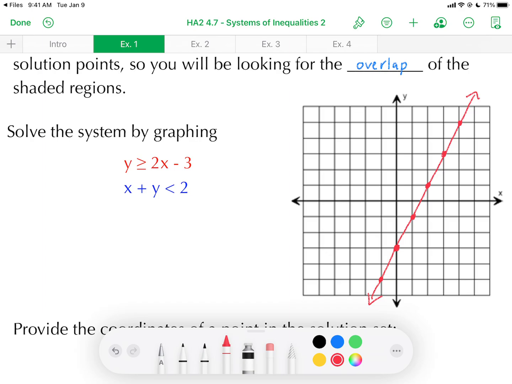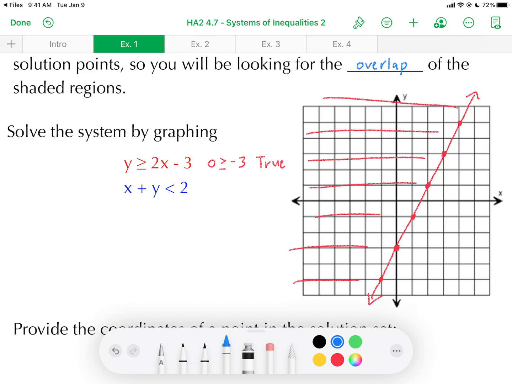So plugging 0 in for x and 0 in for y, that's going to simplify to 0 is greater than or equal to -3, which is true, right? So which side do I shade? The left side of the line or the right side? The left side, the side that has the origin, okay? Now don't get crazy with your shading here because we still have a whole other inequality to graph. Okay?